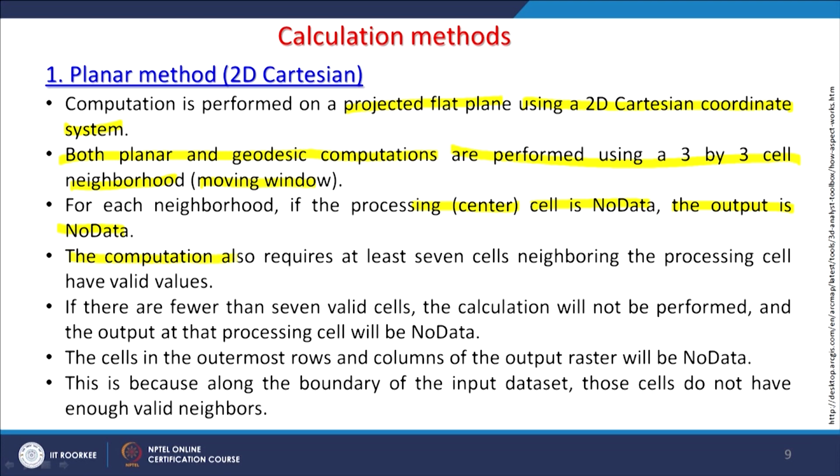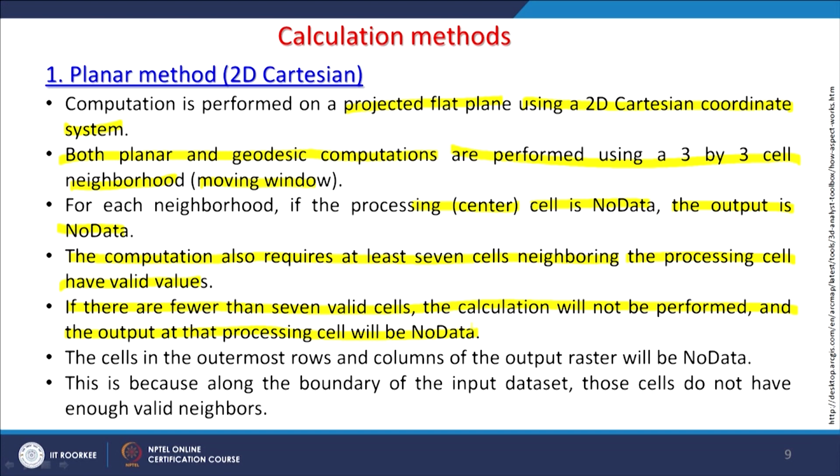Further, the computation requires at least 7 cells, including the processing cell, to have valid values. So, at least 7 cells must be there. If you have fewer than 7 cells, meaning more than one no data, then the calculation is not possible. If there are fewer than 7 valid cells, the calculation will not be performed, and the output for that processing cell will be no data.